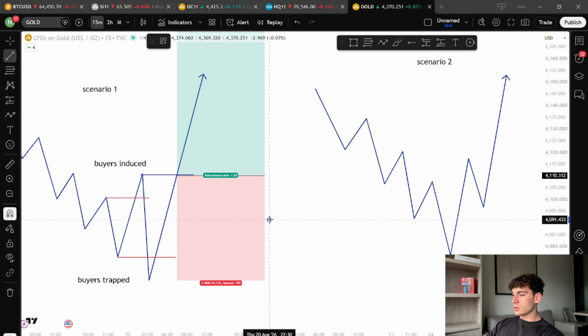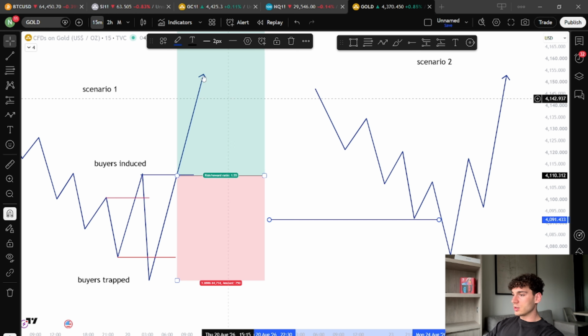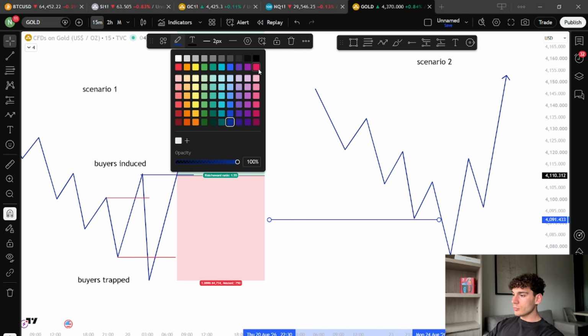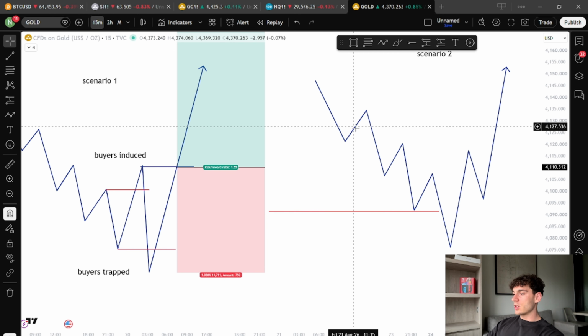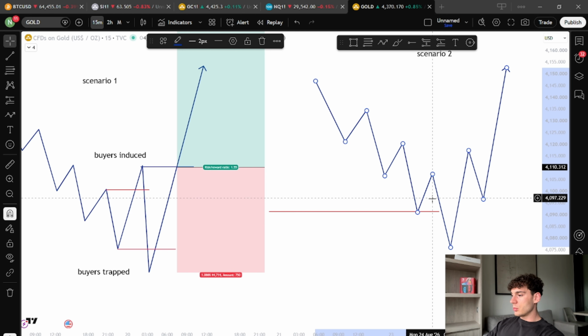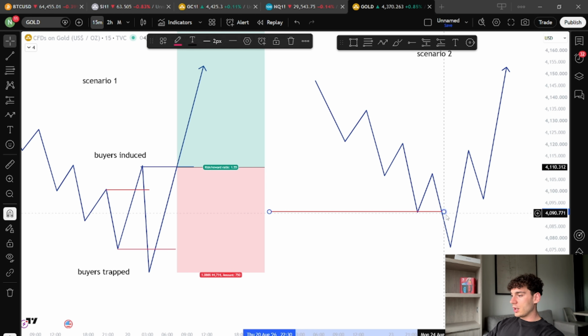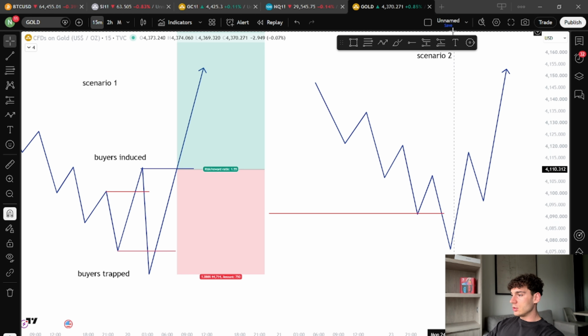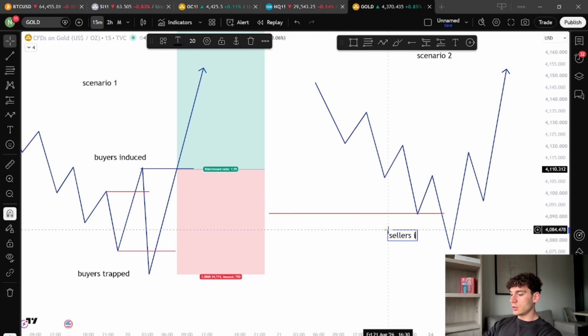We have to assume that there was some kind of liquidity on this level here. So let's say the price was going down, it came to this level, it had some kind of reaction, but then it broke that level, and by breaking that level, it induced sellers right here. Sellers were induced.